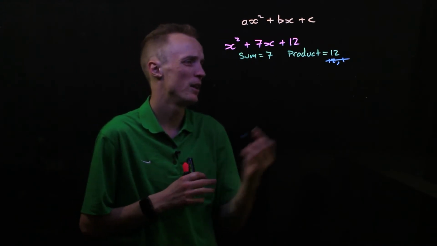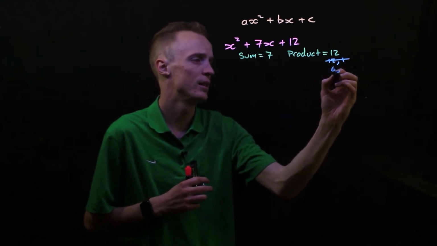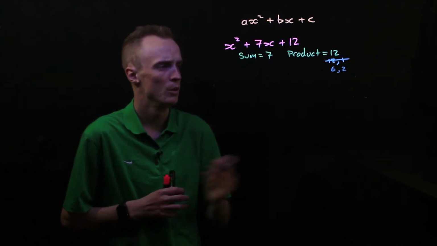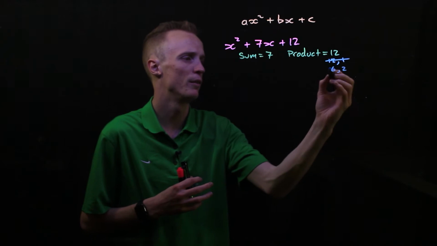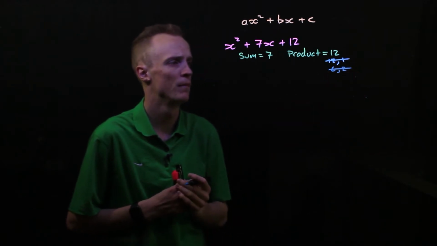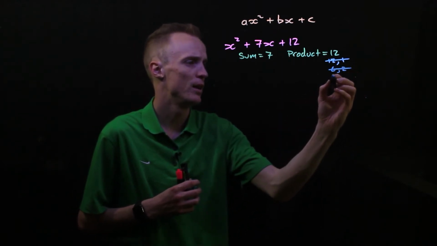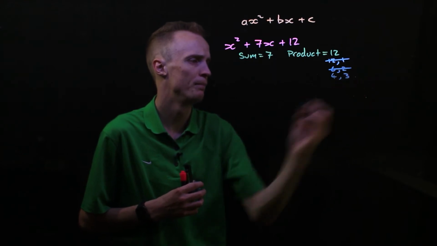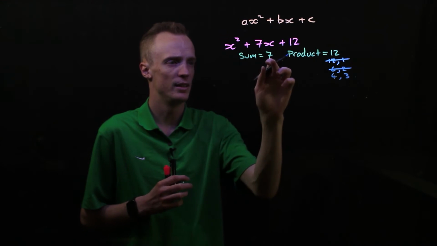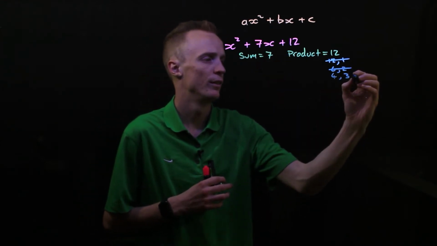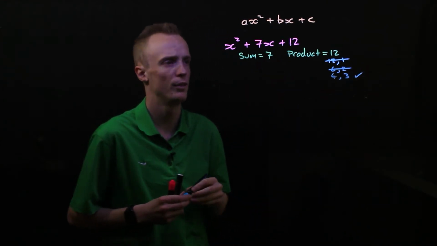The next factor pair that I can think of would be 6 and 2, which when we add together equals 8, so it's still not the factor pair that I'm looking for. So another factor pair might be 4 and 3. Now we can see here that when we add 4 and 3 together, it does equal our sum of 7. So this is the factor pair that we're after.